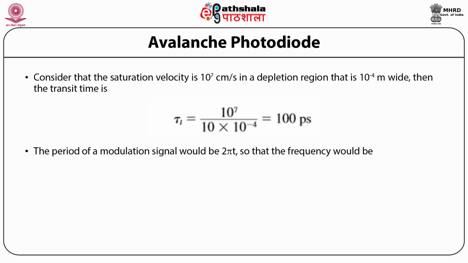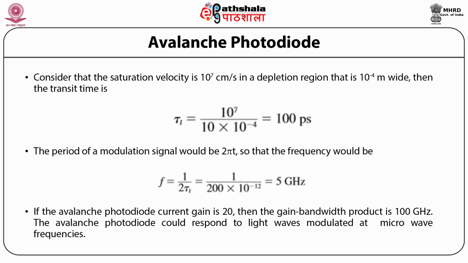So the period of the modulation signal would be 2 tau t, so that the frequency would be f equal to 1 by 2 tau t, equal to 1 by 200 multiplied by 10 to the power minus 12, equal to 5 gigahertz. So if the avalanche photodiode current gain is 20, then the gain bandwidth product is 100 gigahertz. The avalanche photodiode could respond to light waves modulated at microwave frequency.